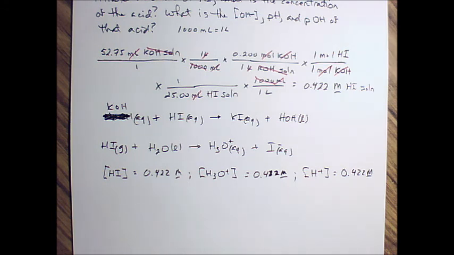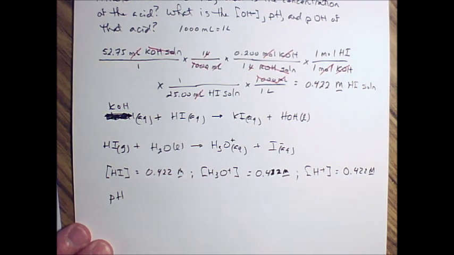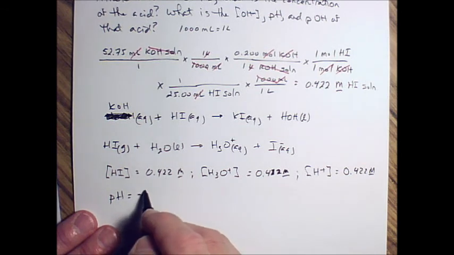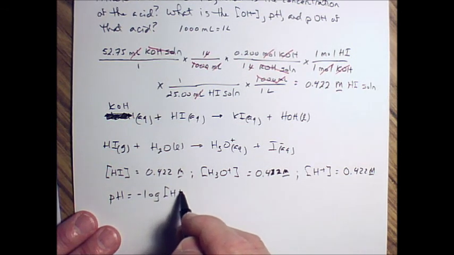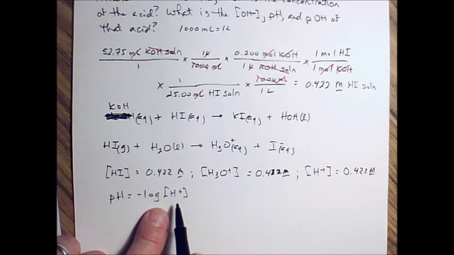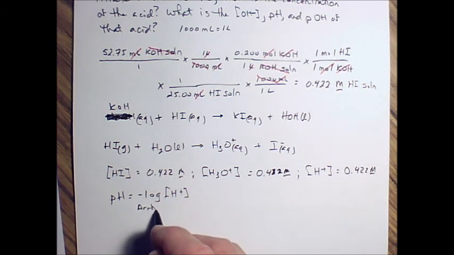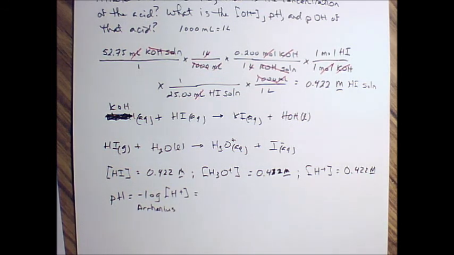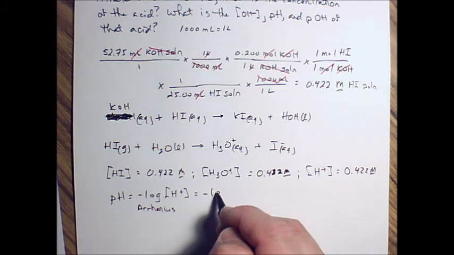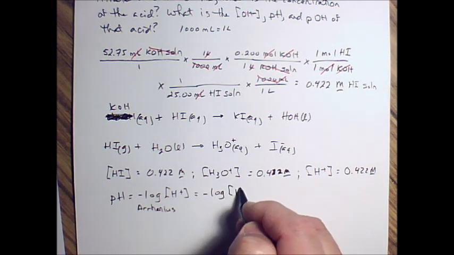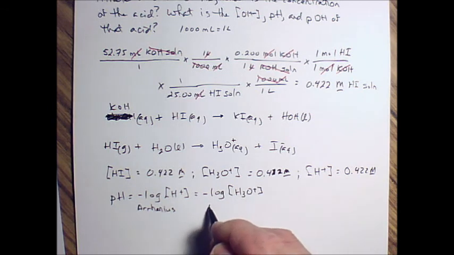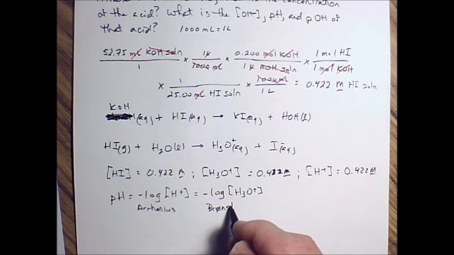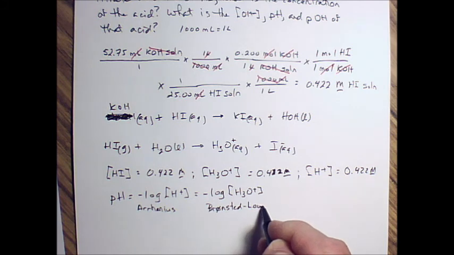No, it doesn't, because pH can be considered the negative log of the hydrogen ion concentration in the Arrhenius system, but that is the same thing as the negative log of the hydronium ion concentration in the Bronsted-Lowry system. So which one do we break up into our H3O? The hydronium?